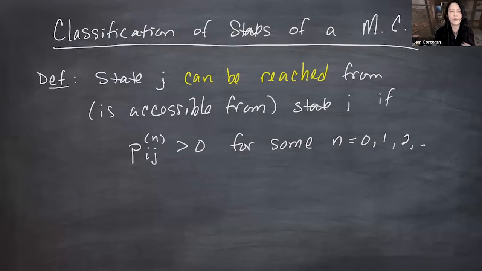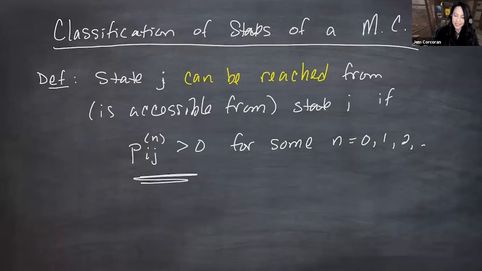State J can be reached from I, meaning you can go from I to J in some number of steps with positive probability. And it doesn't mean you need to be able to go in one step. So if the ijth entry of your matrix is 0, that doesn't mean you can't reach J from I. It just doesn't happen in one step. But you can reach it if you can find some integer n such that this probability is positive.